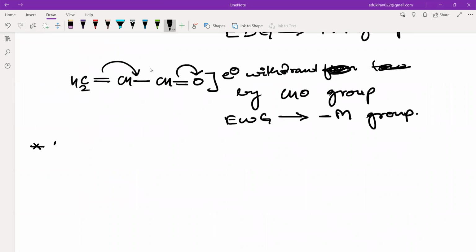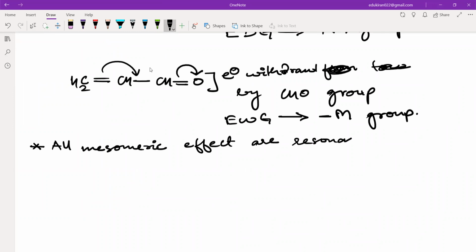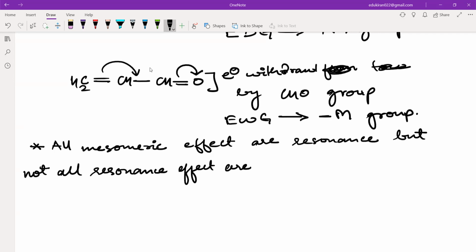One note you should write is that all mesomeric effects are resonance, but not all resonance effects are mesomeric effects.